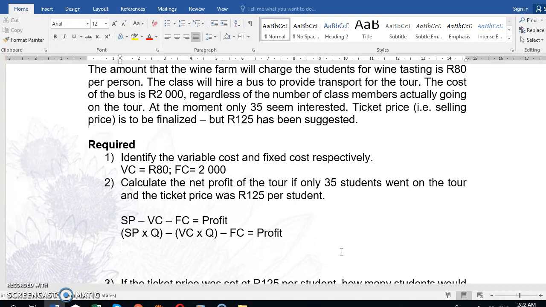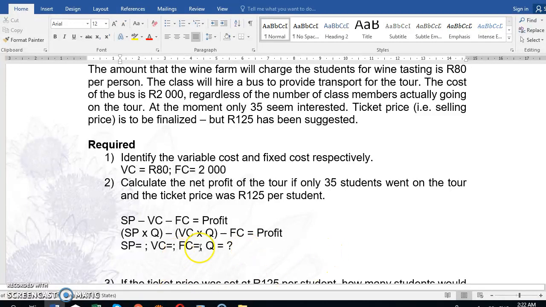There are typically 4 things that we'll need: our selling price, our variable costs, our fixed costs, and our quantity, which in this case is unknown.